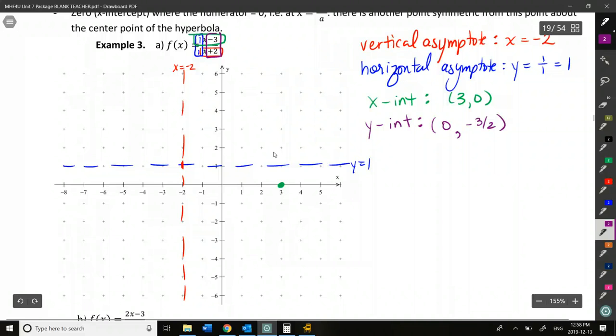-3 over 2, yes. So -1.5. Oh, sorry, that's on the y-axis. Okay, so that gives us 1/2 of our function here. So my graph kind of does this.